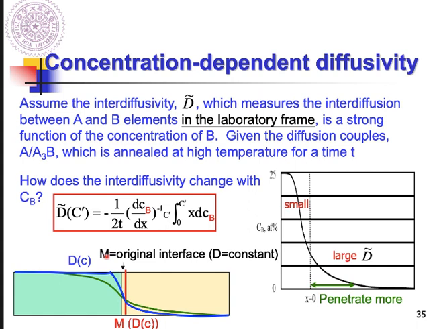So this shows that even though the Matano interface is only a mathematical plane, as long as you draw the concentration profile of the diffusing atoms, you can easily identify whether the Matano interface is still at the original interface, or has shifted away from the original interface. Okay.